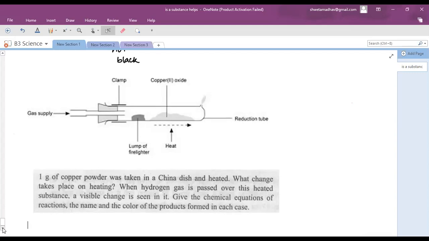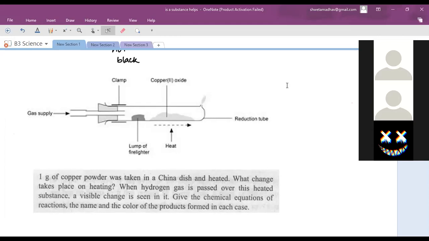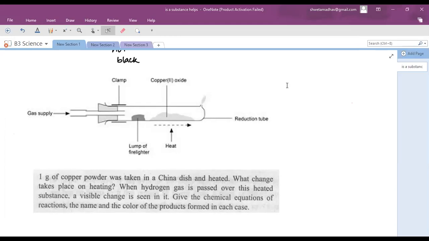Ma'am, first was the combination reaction, then second came decomposition. Then after that, we learned about displacement and then double displacement, and oxidation and reduction.